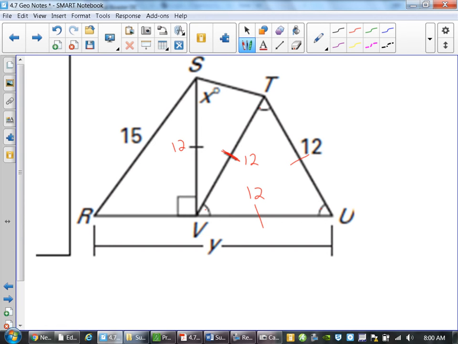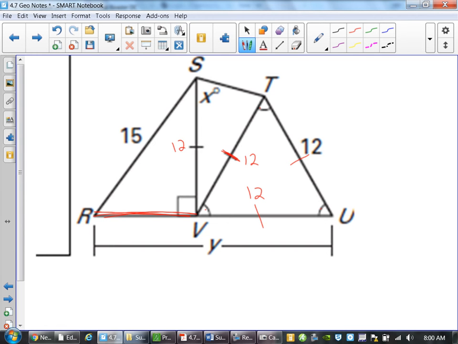Okay. So now, I know one side of the right triangle is 12, and I know the hypotenuse of the right triangle is 15. How do I find the missing side length here? Pythagorean theorem, very good. What is the Pythagorean theorem again?